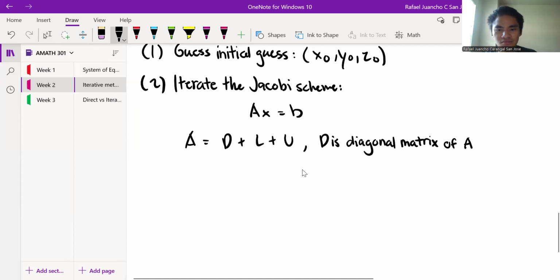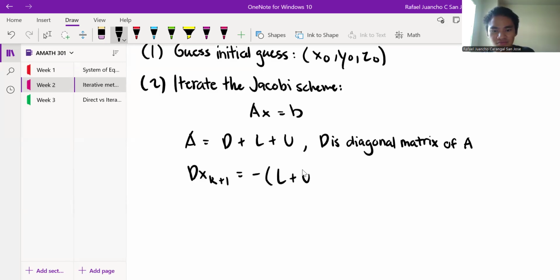L is the lower triangular part of A and U is the upper triangular part of A. And then we rearrange this. So we say that D x k plus 1 is basically negative L plus U x k plus B.